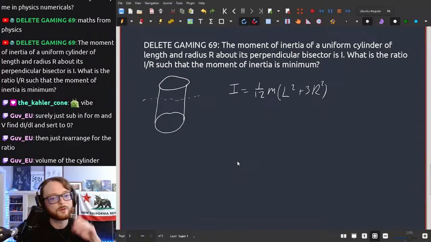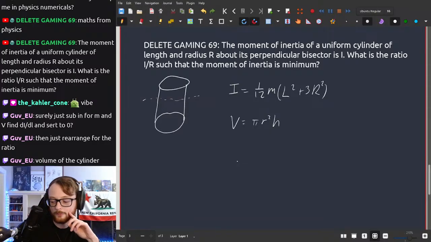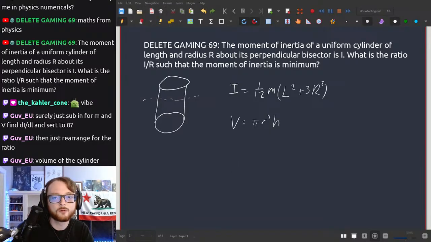Well, okay, so what's the volume of a cylinder? It's pi r squared h. Is there a constant in front? I don't think so. Volume of cylinder. Okay, yeah.